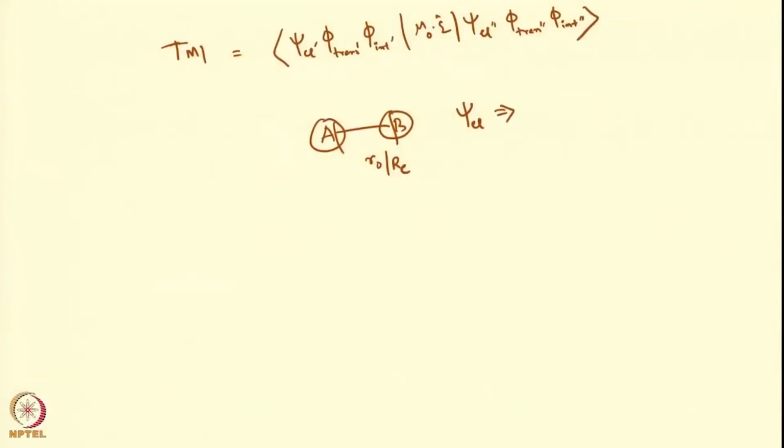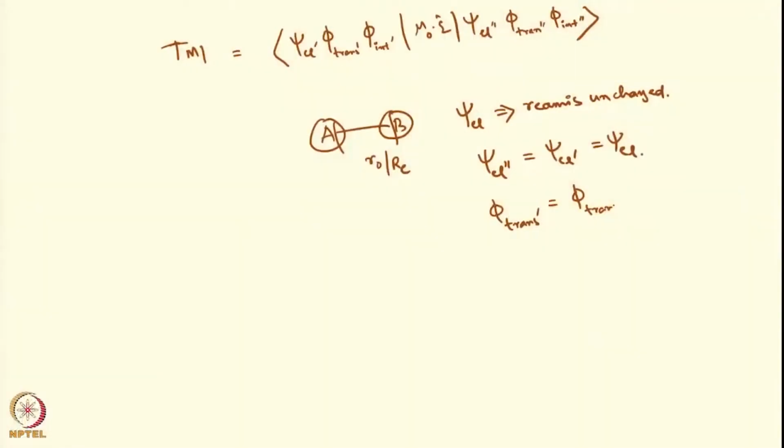So, psi El remains unchanged, which means psi El double prime should be equal to psi El single prime, this is equal to psi El. Now, if it is rotating and it is translating, we will assume that rotation is not going to affect the translation. Rotational degrees of freedom and translational degrees of freedom can be separated out.